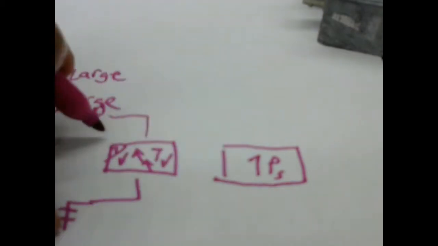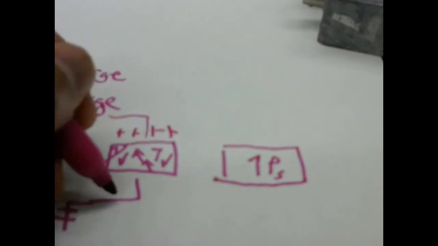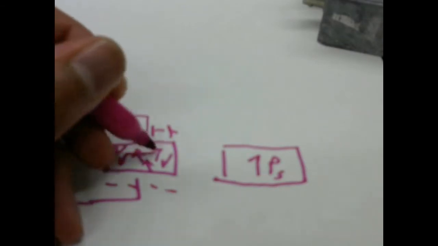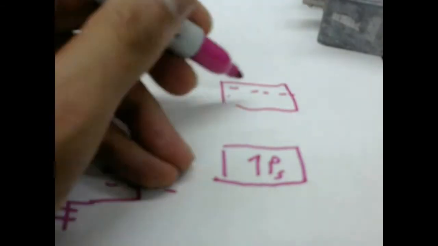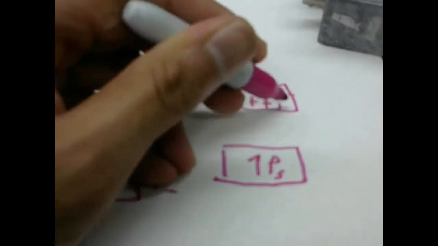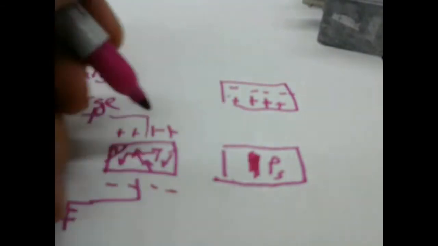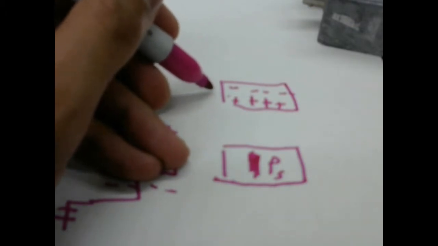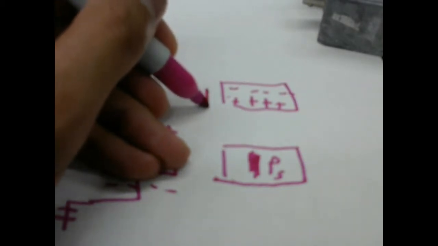If we get positive charge appearing because of the applied field, and then we get negative charges at the top, let me just draw it like that. We get negative charges appearing at the top, and positive charges appearing at the bottom. The internal field developed due to the remnant polarization, or the spontaneous polarization which is created, is going down toward the positive.